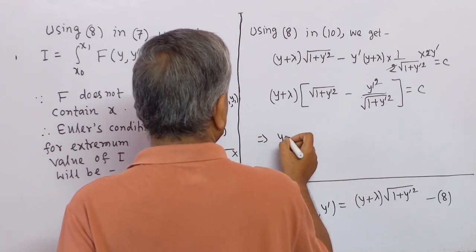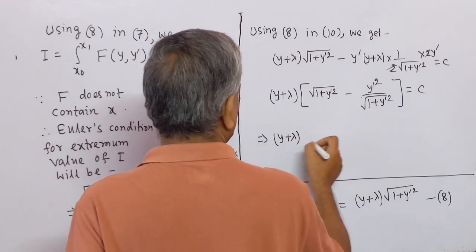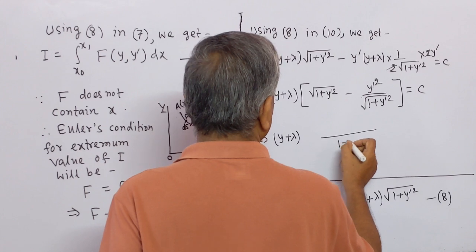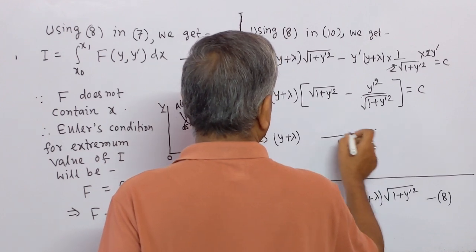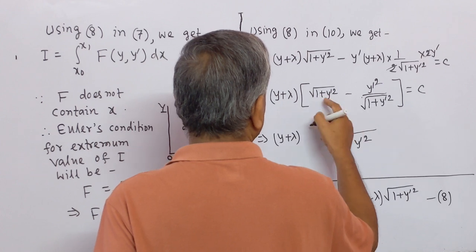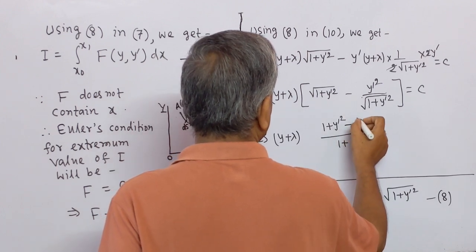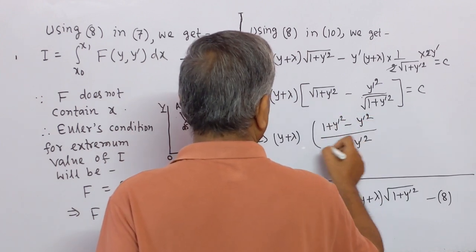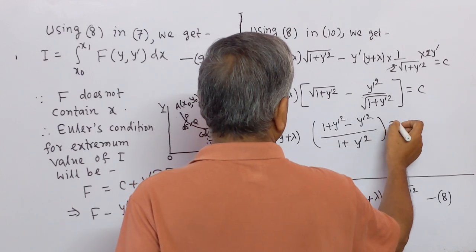Implies that y plus lambda, here LCM 1 plus y prime square, multiplication of this minus y prime square, this equal to c.